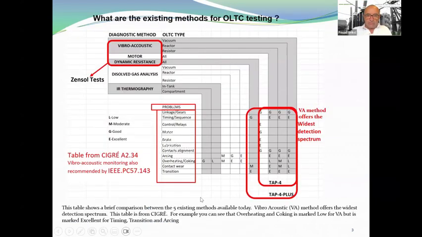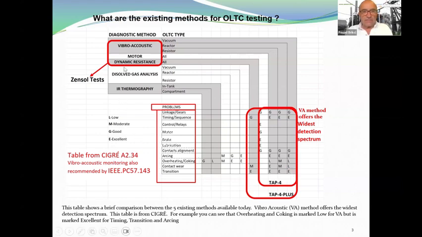This table shows a brief comparison between the 5 existing methods available today. Vibroacoustic method offers the widest detection spectrum. This table is from C-Gray. For example, you can see that overheating and coking is marked low for vibroacoustic, but is marked excellent for the timing and transition and arcing too.